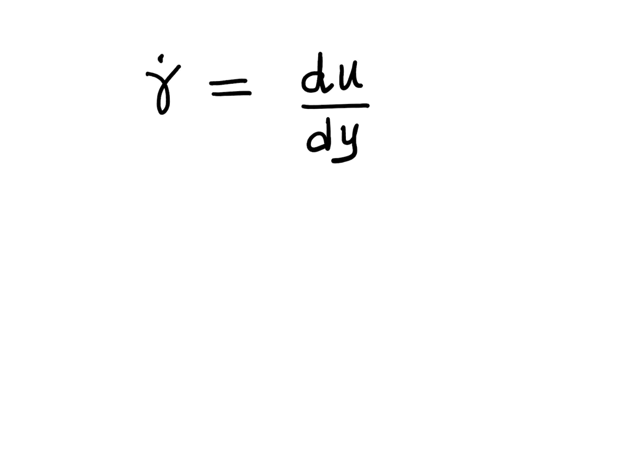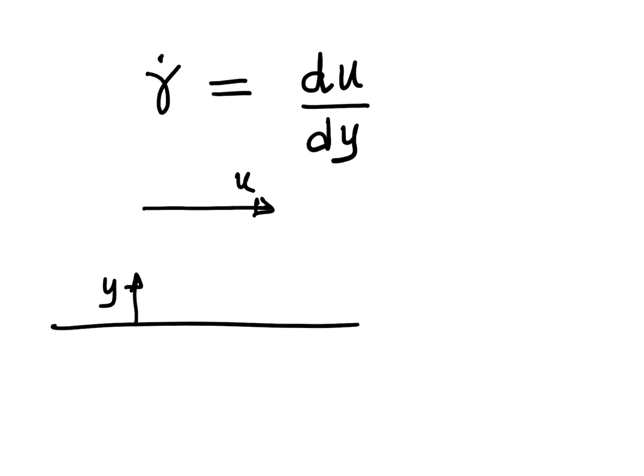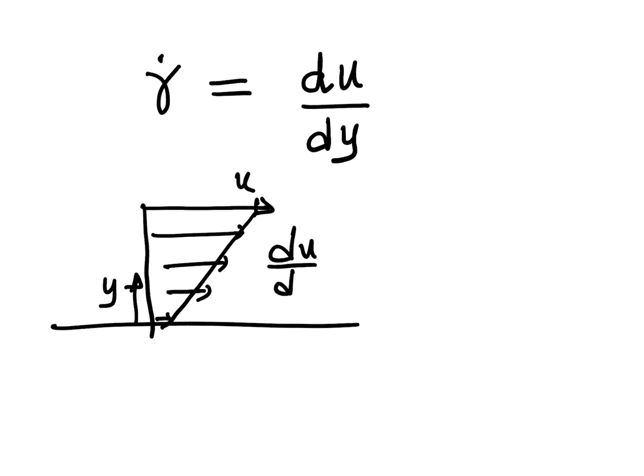Okay, this is for a very simple example. You can generalize this for the case of arbitrary dimensions and an arbitrary fluid, and gamma dot is usually calculated as the derivative of the velocity with respect to the perpendicular coordinate. That is, if you have u and if you have y, strain rate is calculated as du divided by dy, which is the slope.